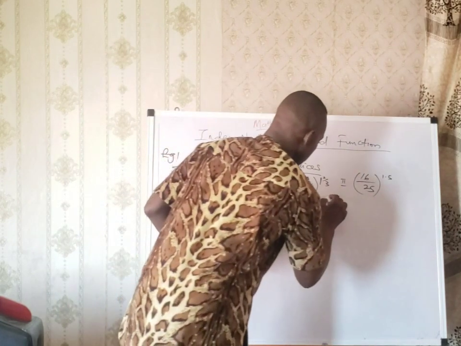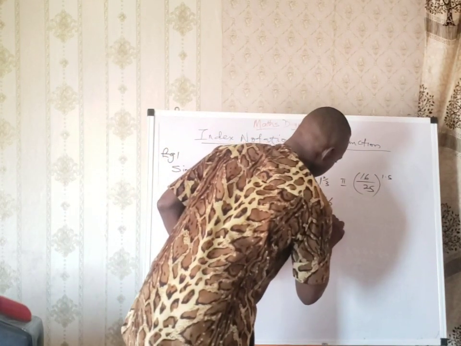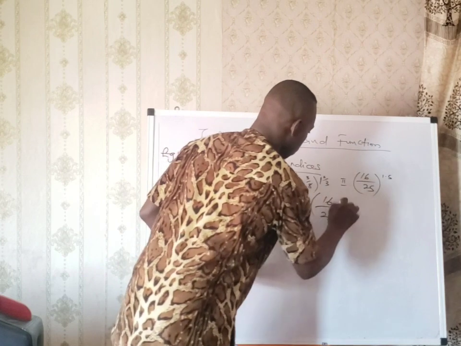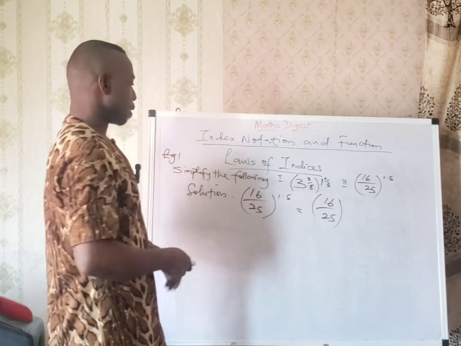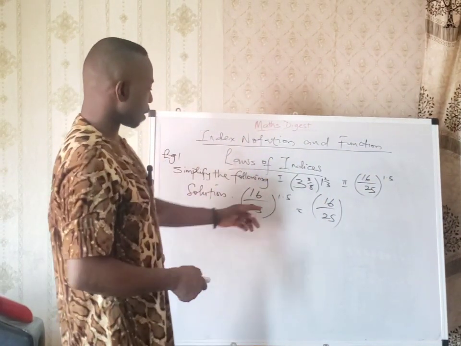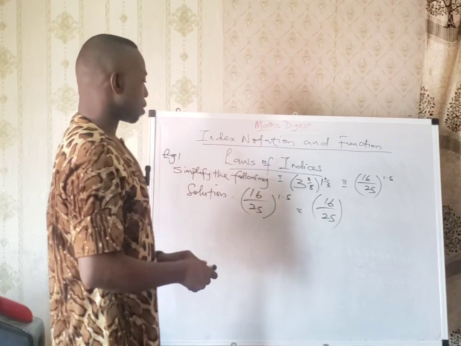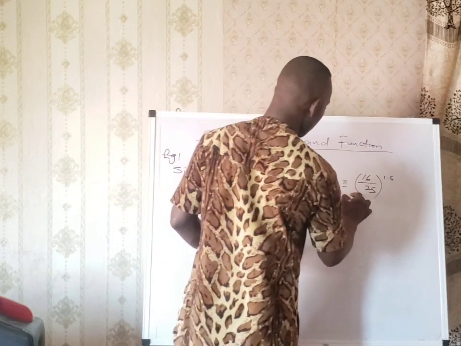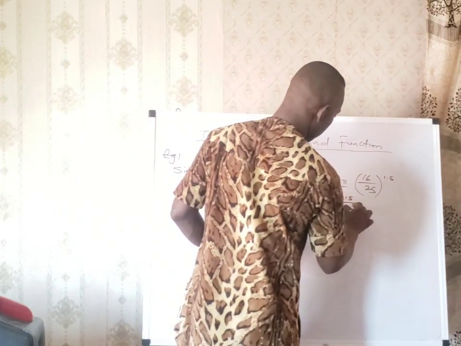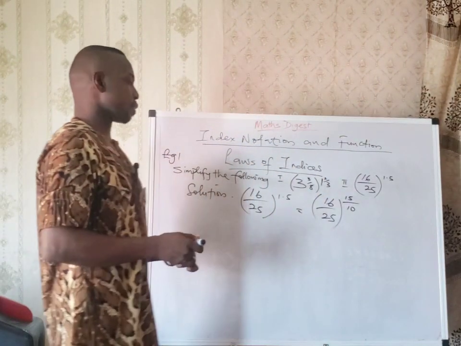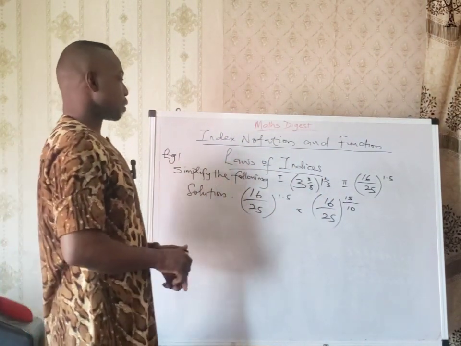Now we have 16 over 25 all raised to power 1.5, just like saying 15 over 10.